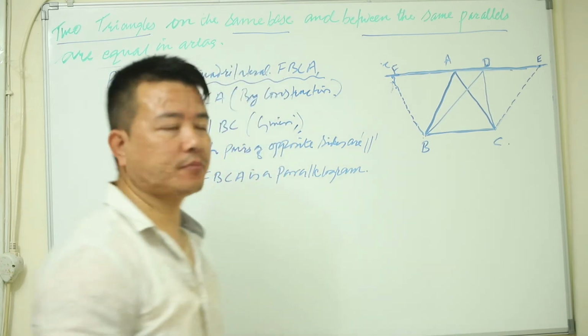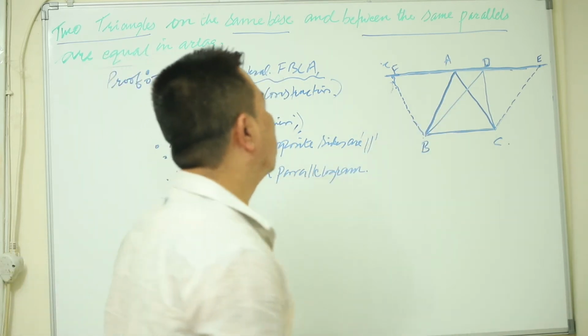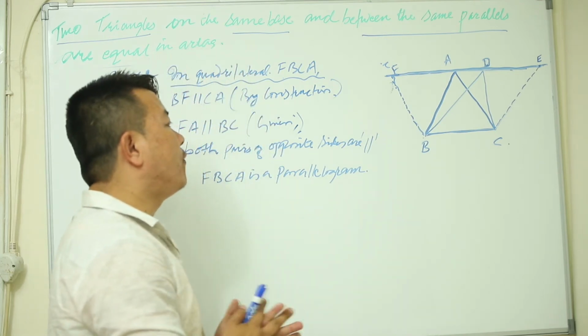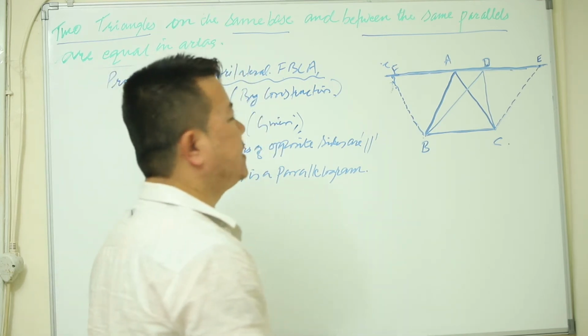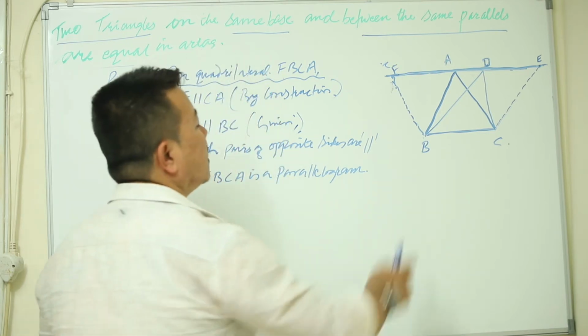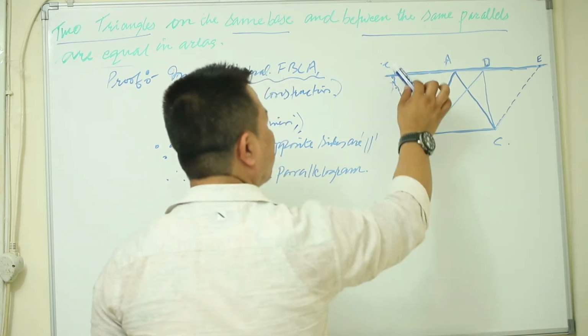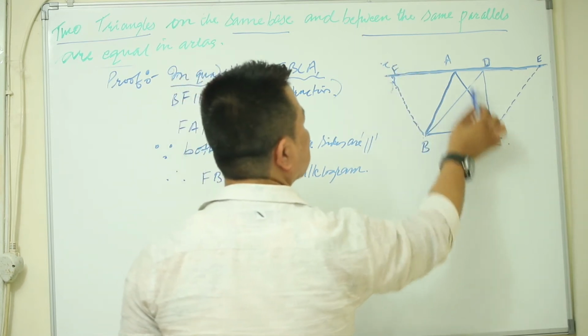What is the property of a diagonal? The diagonal of a parallelogram divides the parallelogram into two congruent triangles. This AB is a diagonal of the parallelogram FBCA.